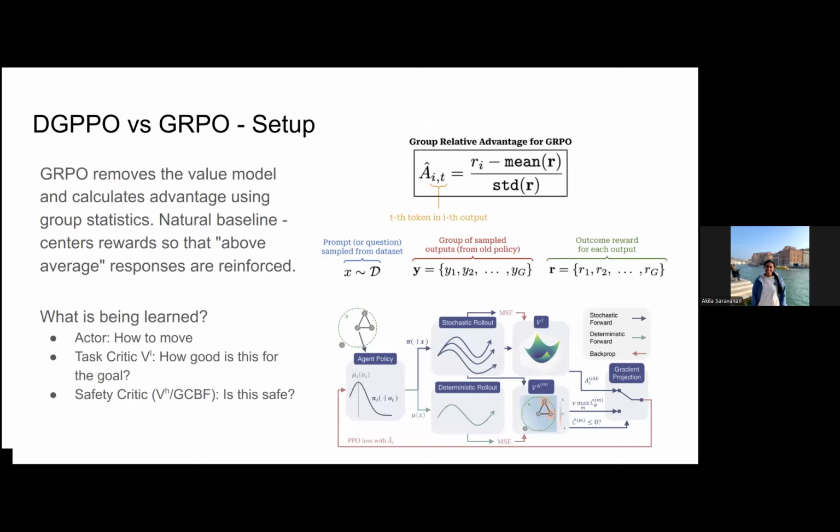Discounted with the negative reward from unsafe states. I don't know that I understand the question. What is the loss that trains this?